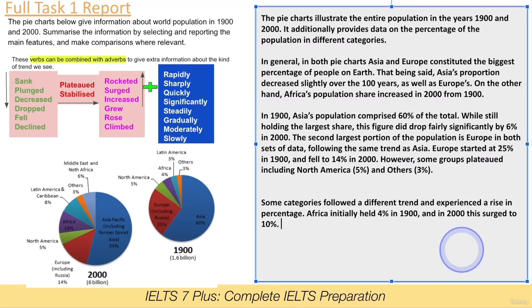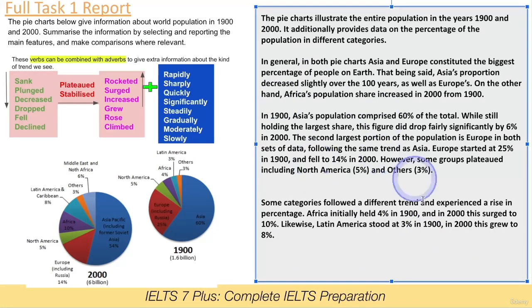Full stop. Likewise, Latin America stood at 3% in 1900. In 2000, this grew to 8%.